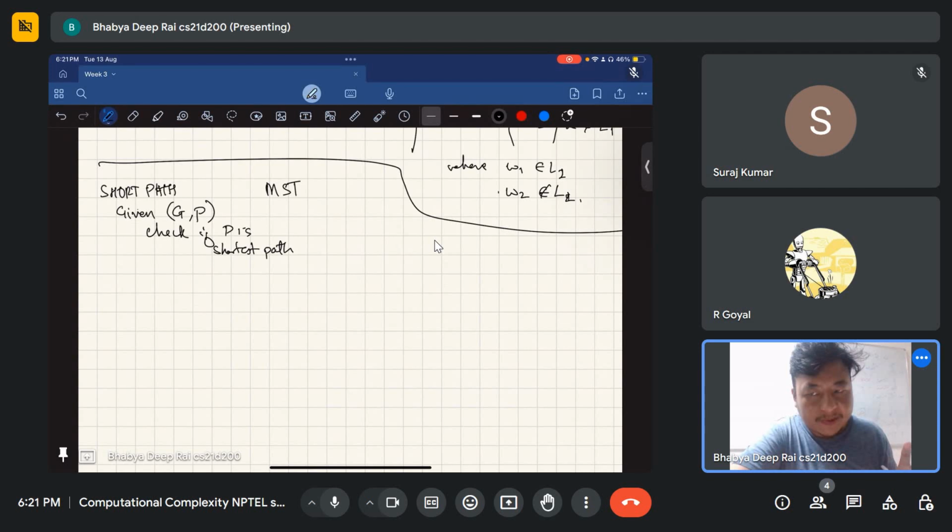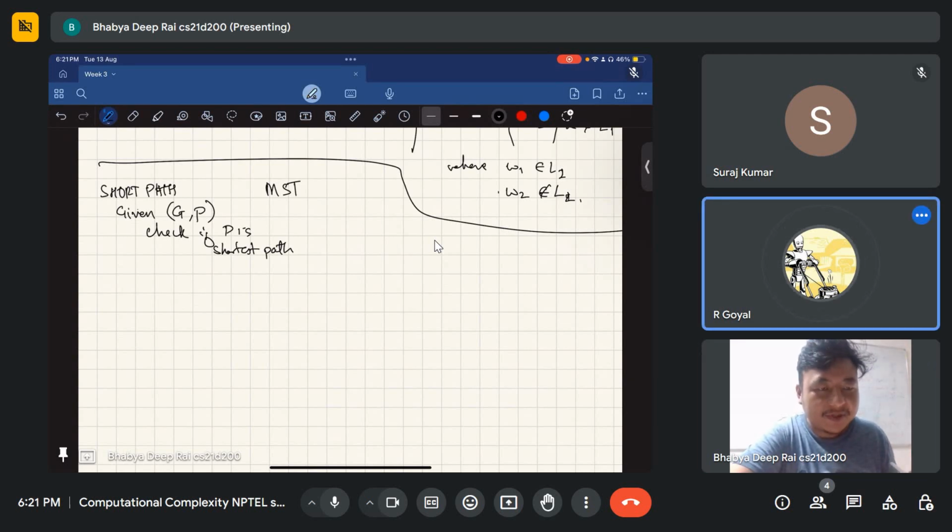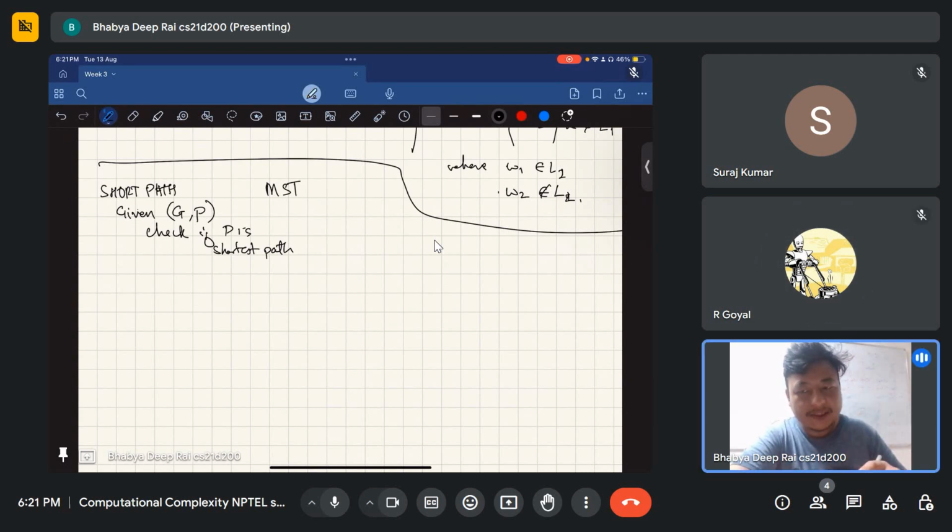This problem is in P, because I can run Dijkstra's algorithm, and in polynomial time it will terminate. It runs in cubic or quadratic time, I forgot, but polynomial. Then you can check the length of the shortest path and whether the given P is actually of that particular length.